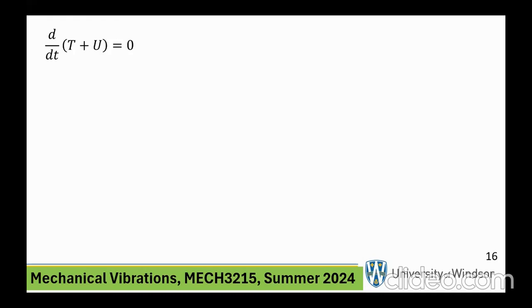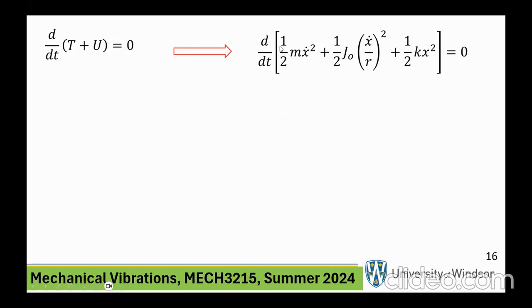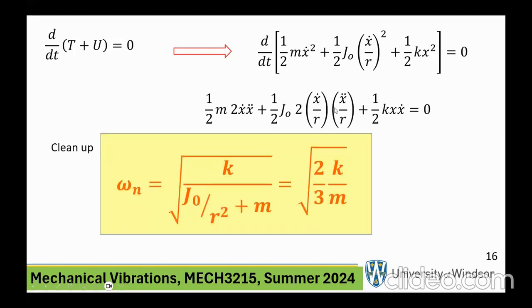No losses here. So you write down the expressions for T and U right there. This was the T, kinetic energy, translation and rotation, and this is the spring energy, differentiated based on elementary calculus. So for example, the derivative of x dot squared is 2 x dot x double dot.